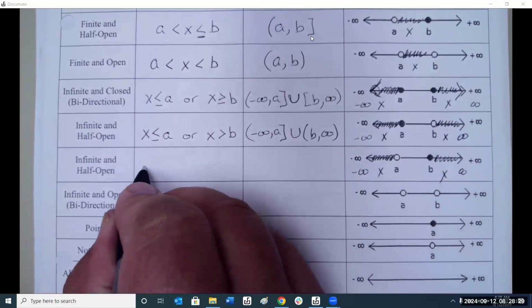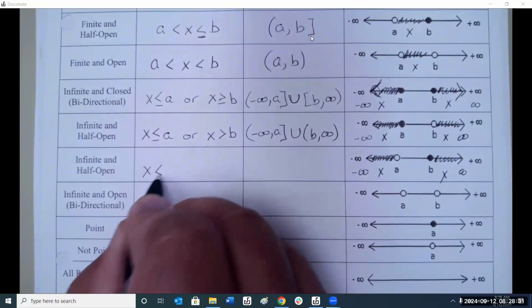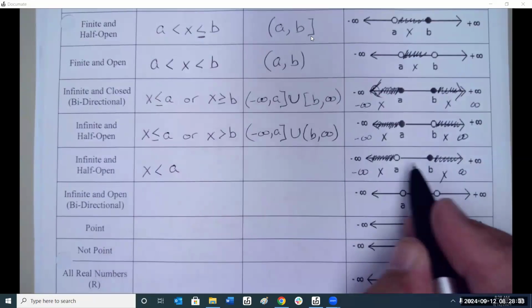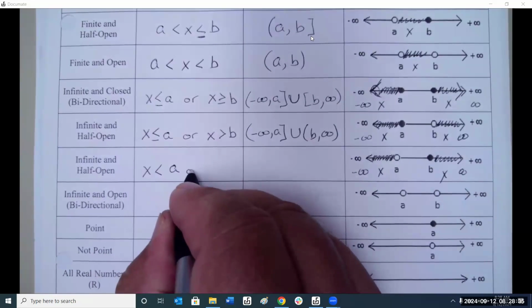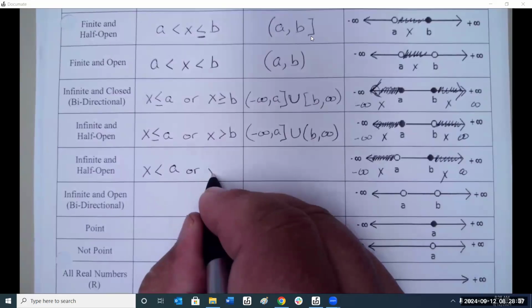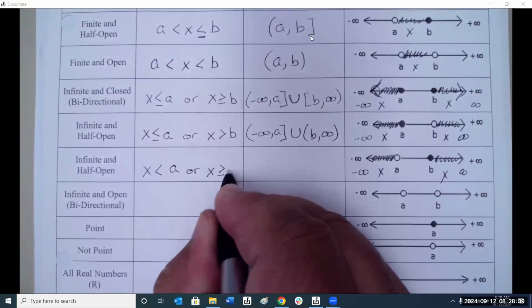Next one, we have x is less than a. It's open, so it's not equal to. Or x is greater than or equal to b.